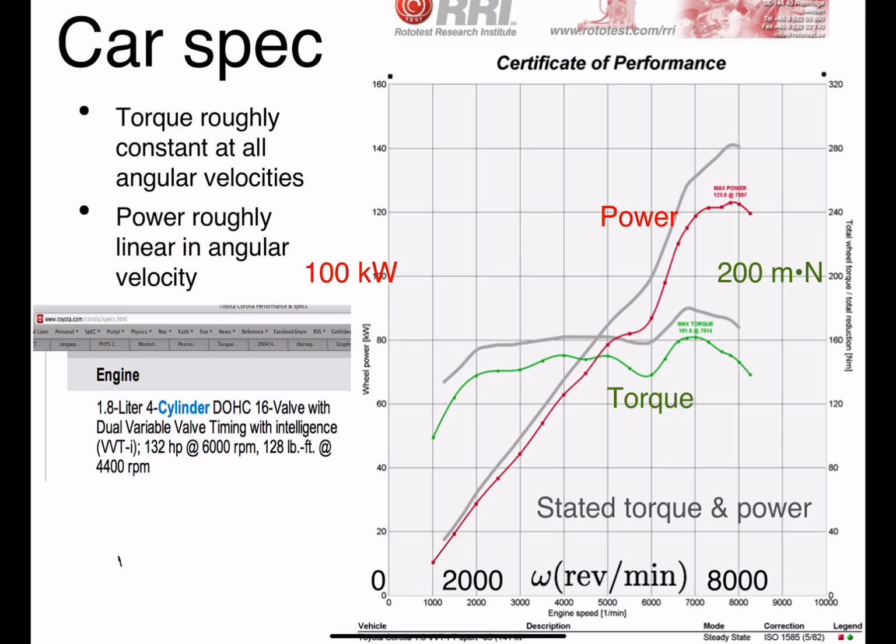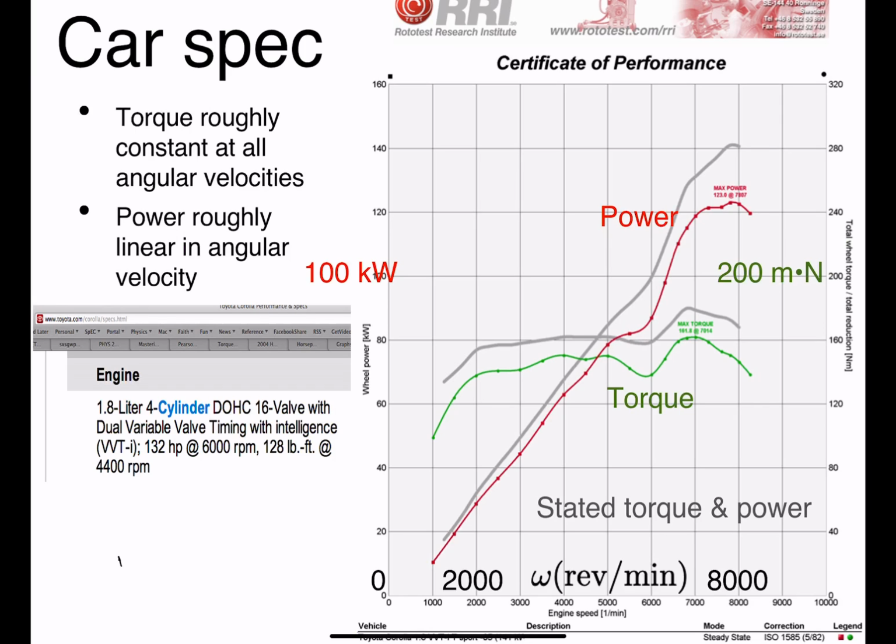This is for a 1.8 liter 4-cylinder Toyota Corolla, right? The maximum power is 132 horsepower at 6,000 RPM, revolutions per minute.